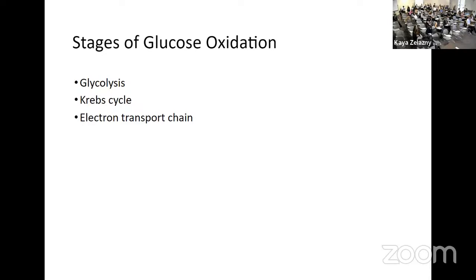You might have learned about it using different terms before. And after that, we're going to run the electron transport chain across the inner membrane of the mitochondrion. That's going to do a lot of oxidative phosphorylation for us, which is where we're going to get most of our energy from the glucose molecule and turn it into ATP.